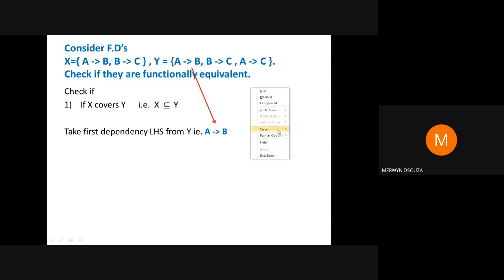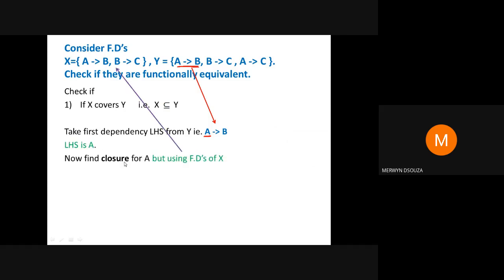First, let's start by checking if X covers Y. To do that, first take the first dependency of Y, A determines B. Take the left hand side, A. Now from that A, find the closure.